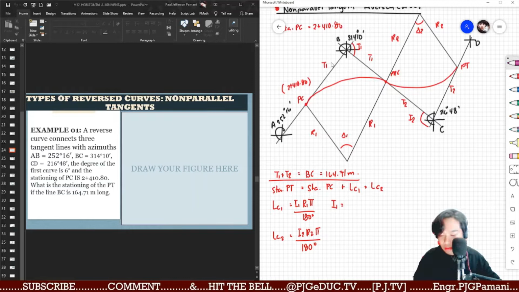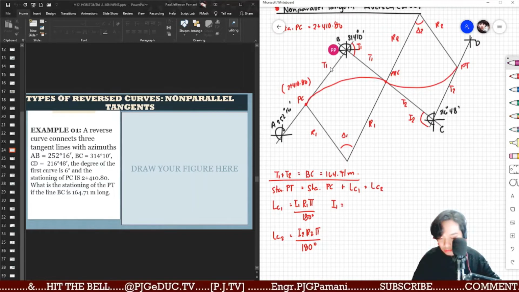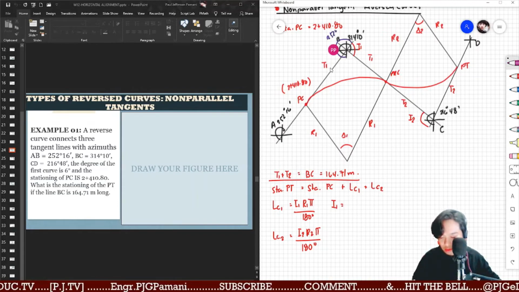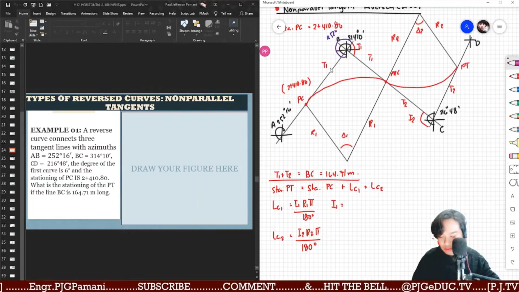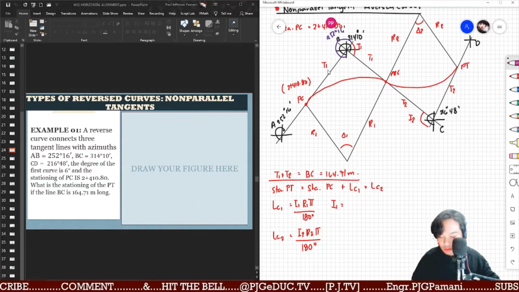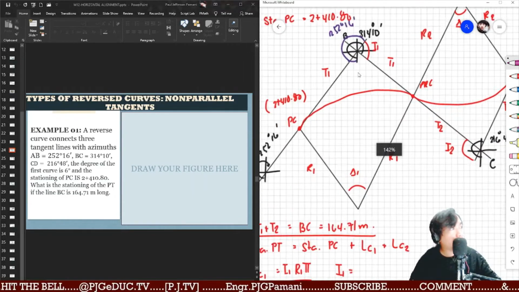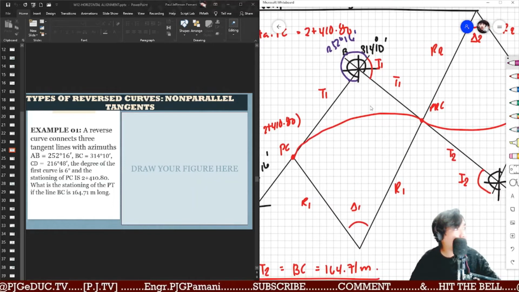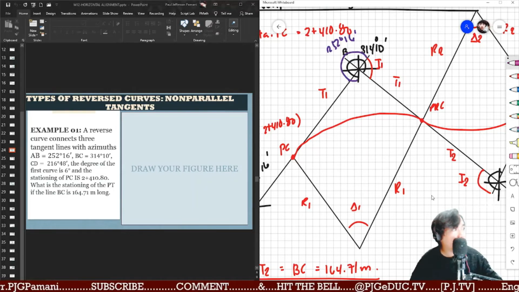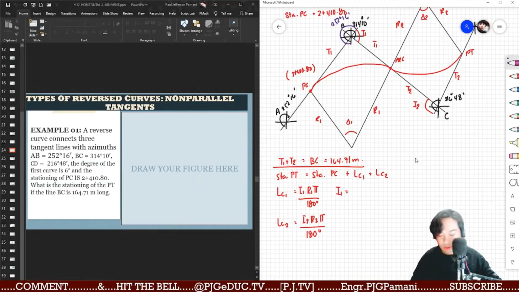So line AB, ito yung line AB natin, that is 252 degrees 16 minutes, while line BC is 314 degrees 10 minutes. So anong gagawin natin dyan for us to solve I1? Madali nyo naman na makuha yan, di ba? Alam nyo naman na yan.